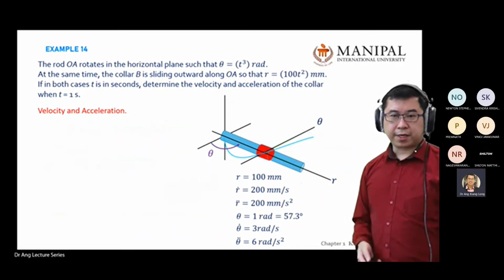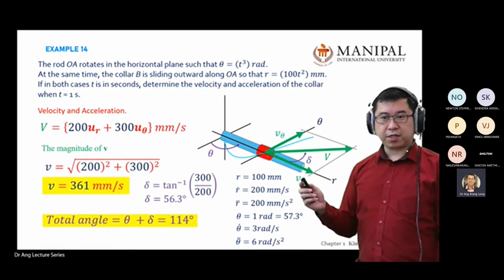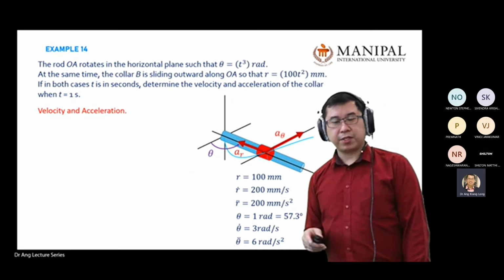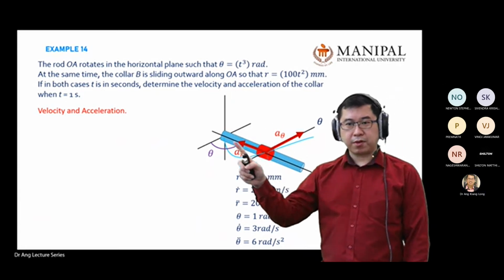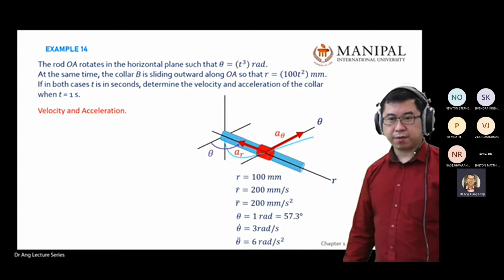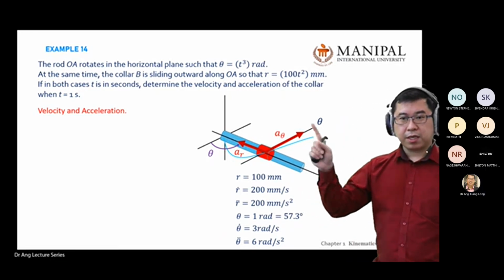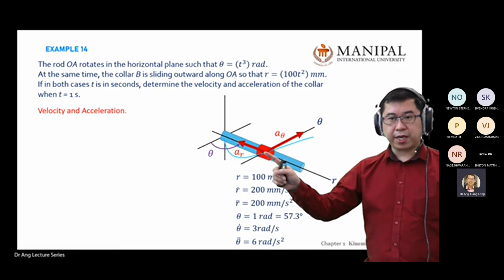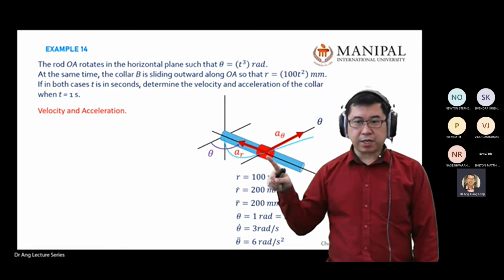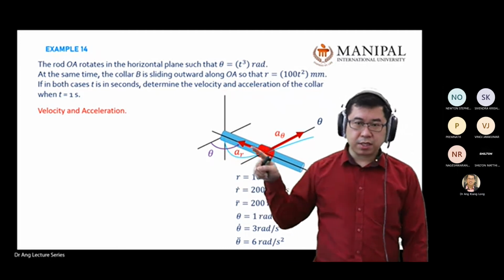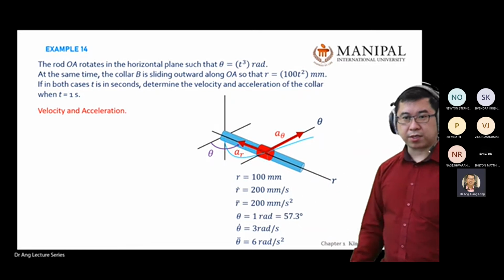Okay. Next, you do the same for acceleration. If you understand the velocity, you should be able to do acceleration. However, be careful with the direction of your acceleration vector. You have your A theta, and in this case, to maintain the curvature motion, your radial direction is into the origin and not this direction.